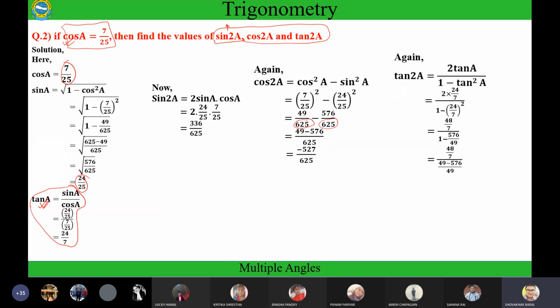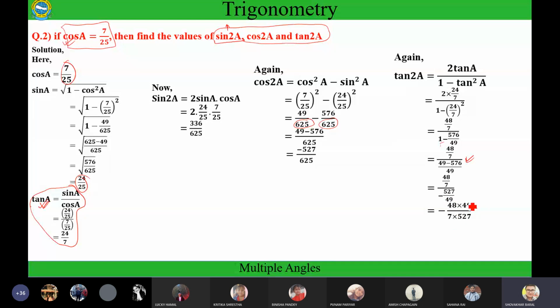So 48 by 7, and after taking LCM of 1 and 49, it will be 49 here. So 1 times 49 is 49 minus 576. This is basic simplification. If you don't understand this also, please let me know. I'll be discussing it. 48 by 7 whole upon minus 527 by 49. So further it will be like this.